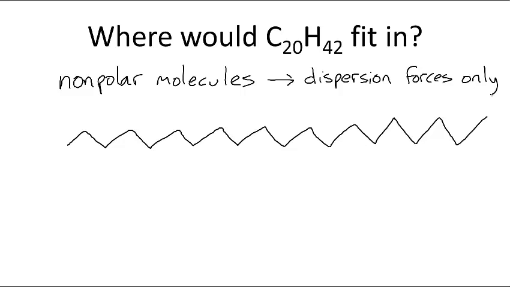So it's got dispersion forces only, but lots of them. And so sometimes it can be hard to figure out where that would fit in terms of melting point. If you looked up the melting points of the things on the previous slide, and you looked up the melting point of C20H42, you might be surprised where it fits in.